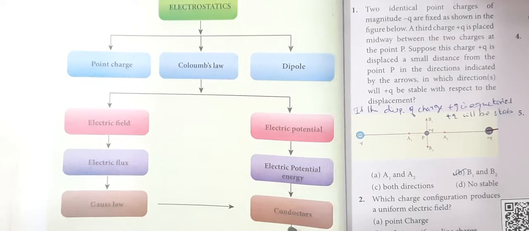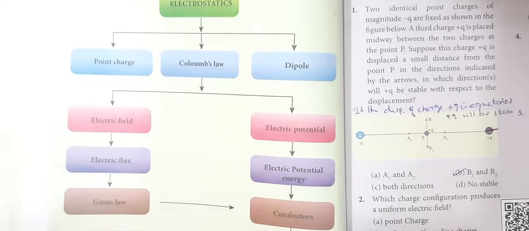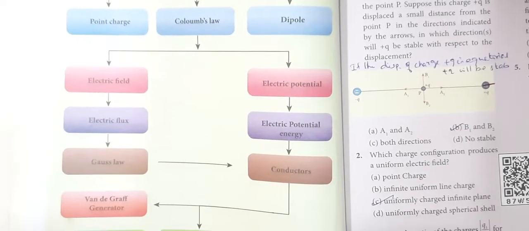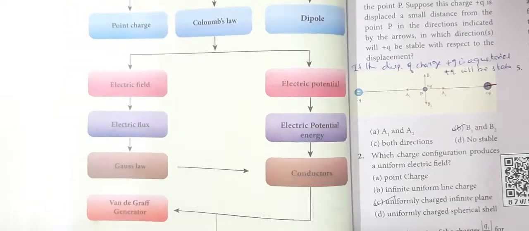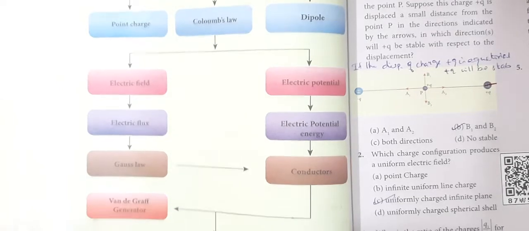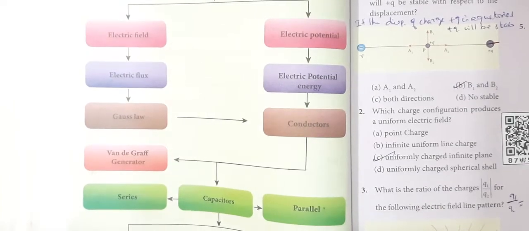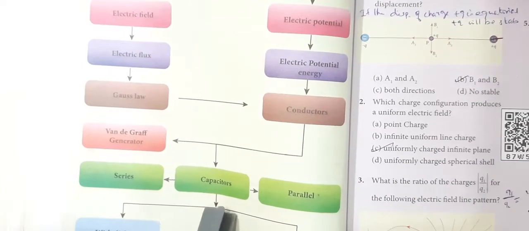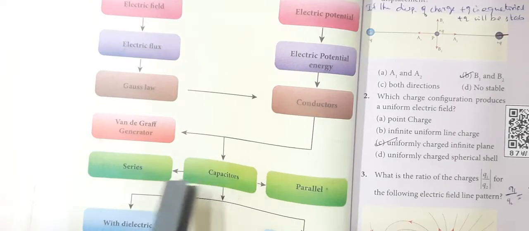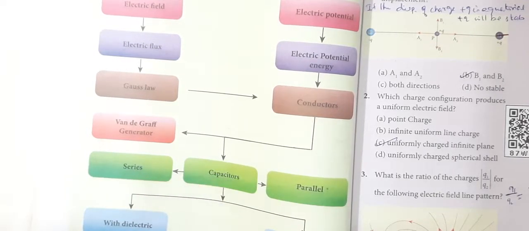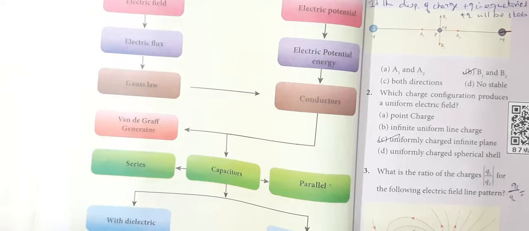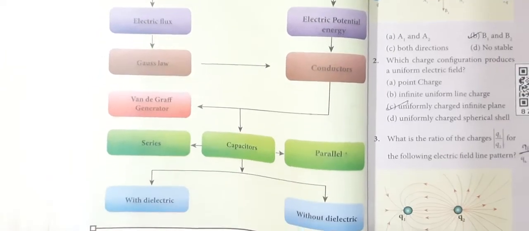After that, we have discussed electrostatic conductors. Gauss law also we have discussed with a long charged wire, plane sheet of charge, spherical shell and all. Then, first we have discussed capacitors: series, parallel, and capacitors with dielectric medium, also capacitors without dielectric material.